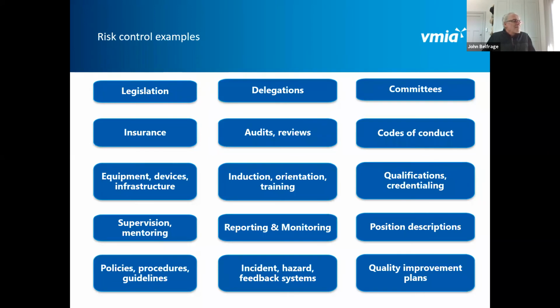And really, the controls can be existing or they can be new. They should be fit for purpose, and once they're fully implemented in a treatment plan, they effectively become a control. So the difference there is you identify a gap in your controls and you treat that, and that's sort of a work in progress.